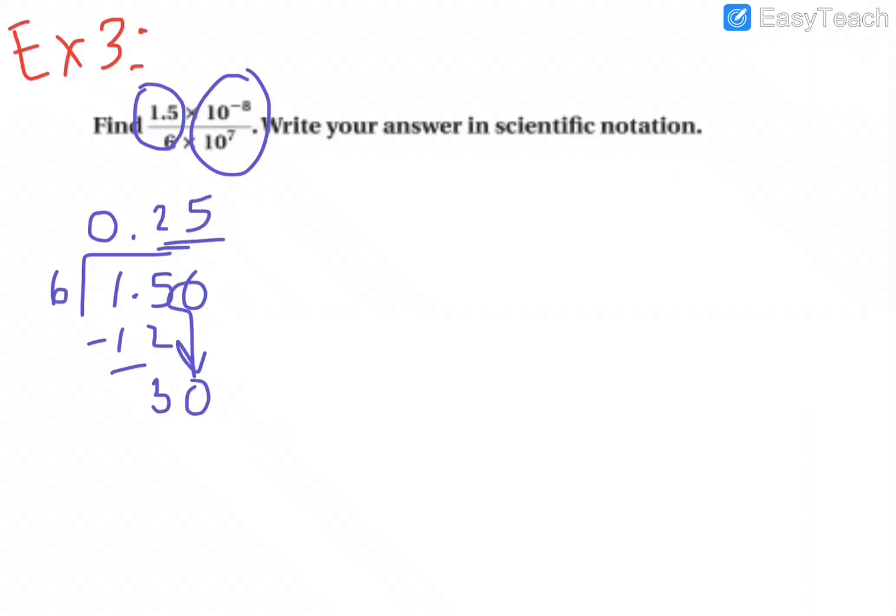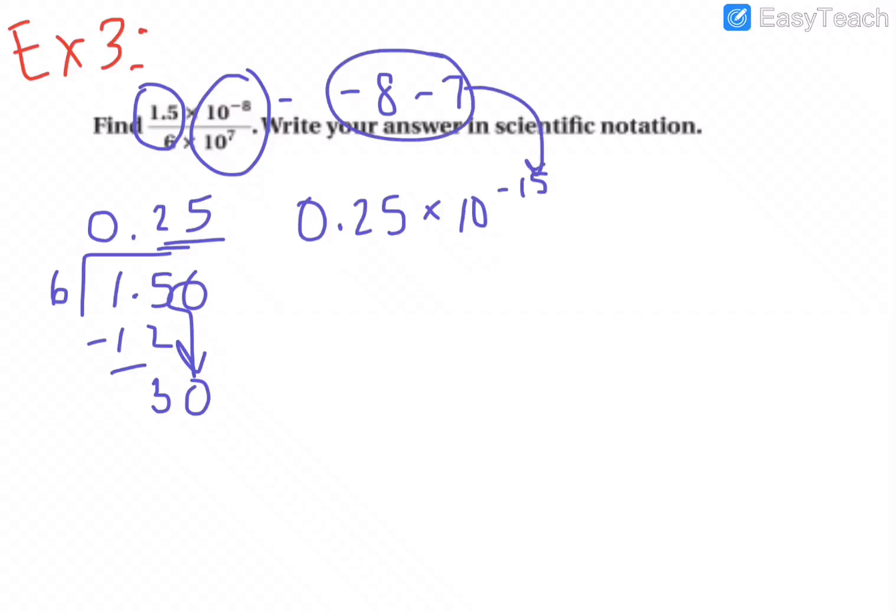It's going to give us 25 hundredths. So 25 hundredths times 10 to the, don't forget that when you're dividing, you're actually subtracting. So I'm just going to put a subtraction sign there. So I have negative 8 minus 7, which is going to give me negative 15. So that's my exponent there. So 25 hundredths times 10 to the negative 15.